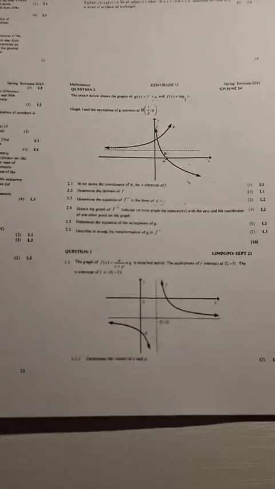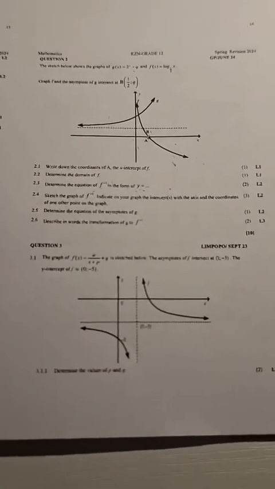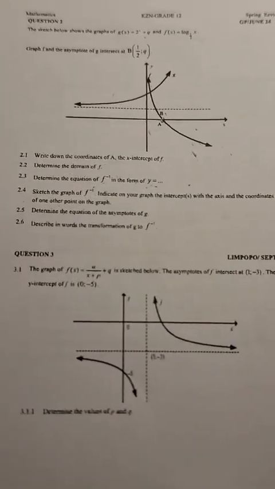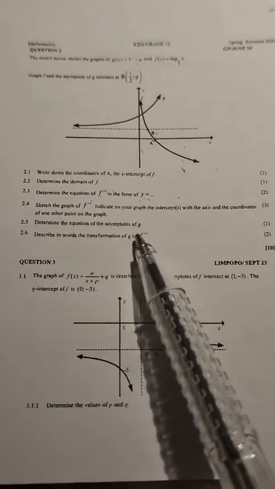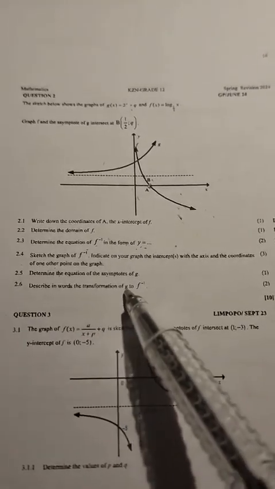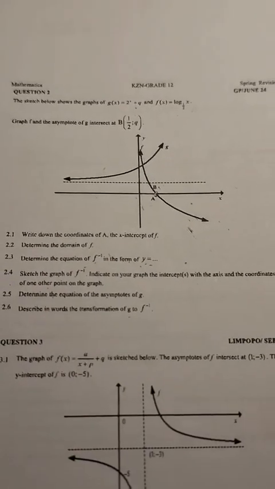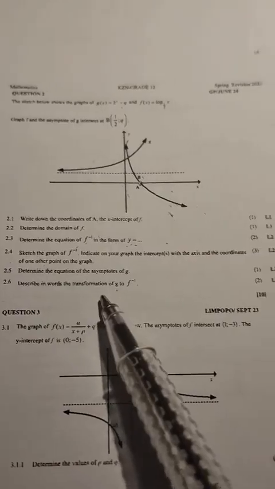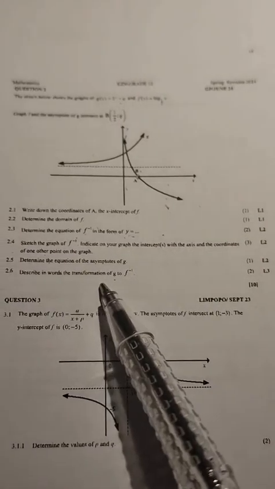Last question for today, guys. And please, you must practice so that you get better and better in functions. Describe in words the transformation of G to F. That's for 2 marks, a level 3 question.